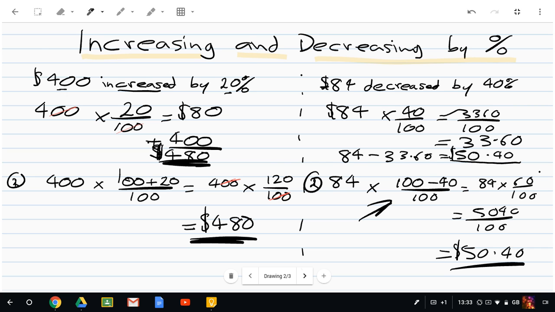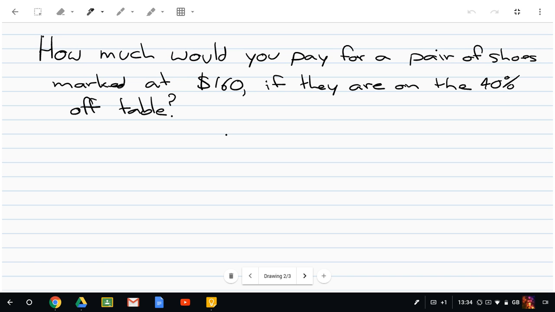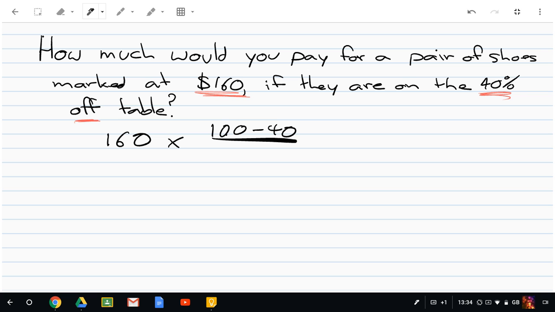Now, here's a worded question, like pretty much a real world question. How much would you pay for a pair of shoes marked at $160 if they're on the 40% off table? So we're going to be 40% less. So let's do our sum. 160 times, it's 40% off. So 100 minus 40 over 100. There's our percentage.